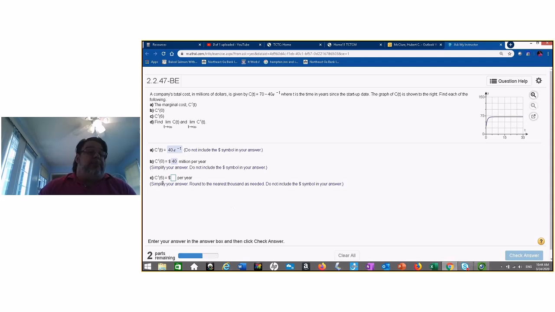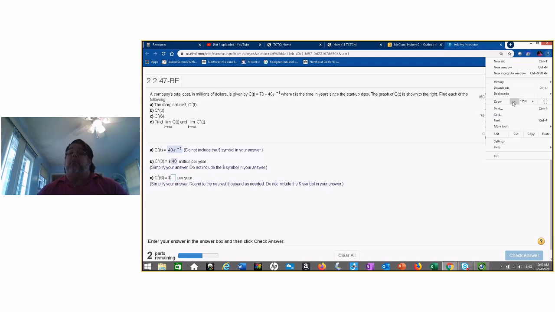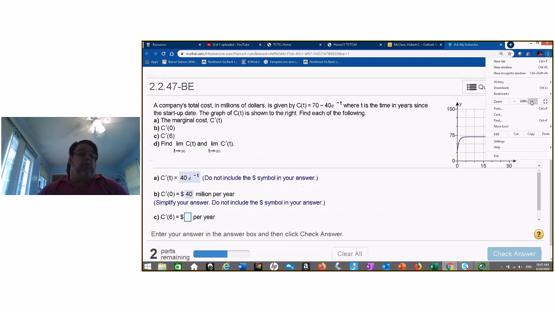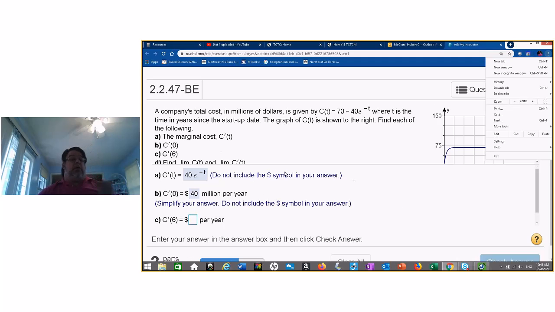Now type in 6. C says, what happens when you type in 6? Now C prime of 6. Let me pull up my handy dandy.